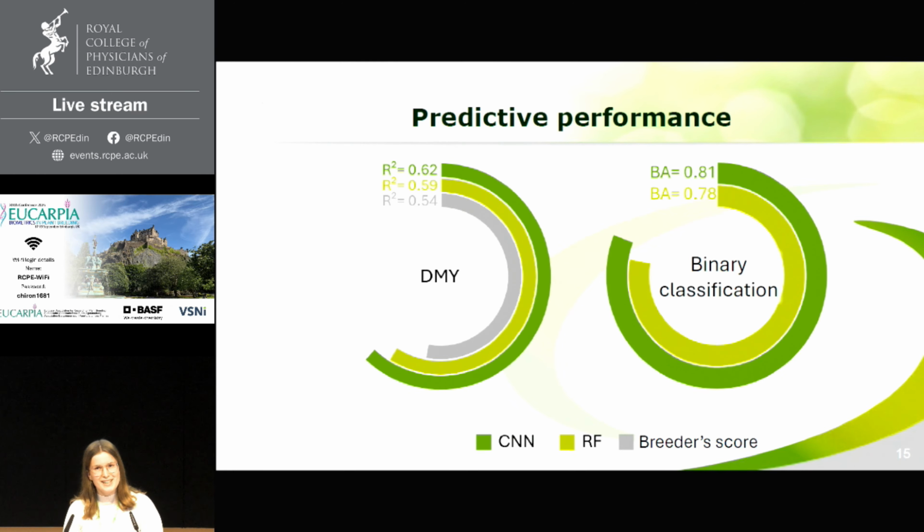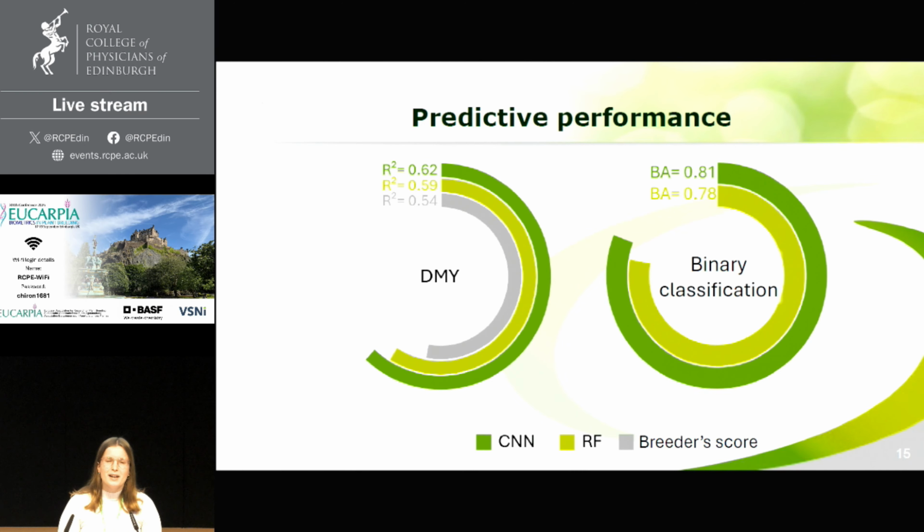To finish, the main results for the dry matter yield predictions, you can see in the green bars that the machine learning approaches performed better than the model using the breeder score. So in this case, the machine learning models were better, so the high throughput phenotyping approach that I chose.